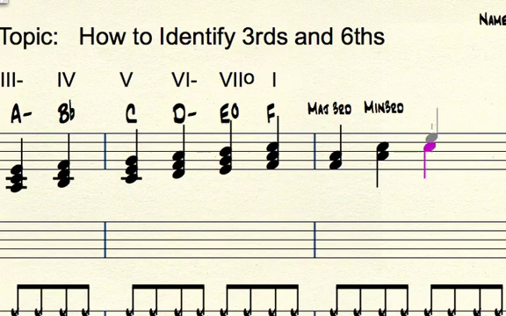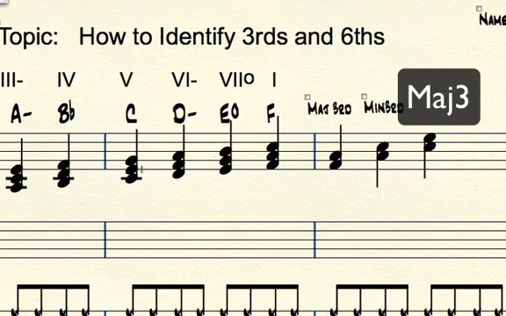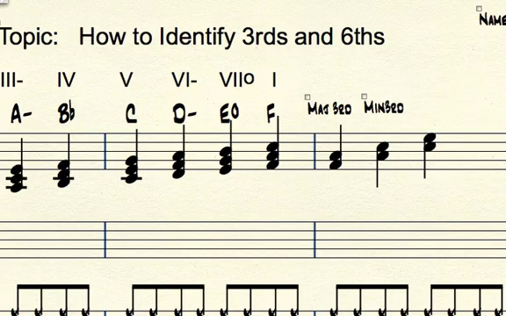Yes, it's the 5th scale degree. So when I build a third on that, it's going to be a major third because that chord is a major chord. But instead of writing MAJ3, I'm just going to write a 3. That's all we need to put to indicate that.